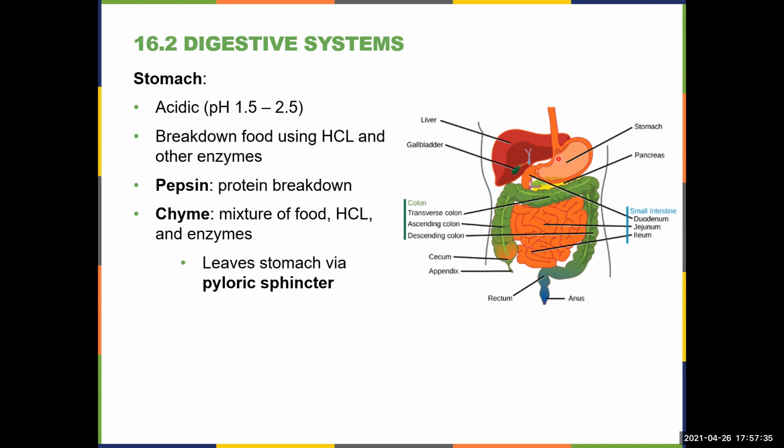Now, if something causes that mucus to become broken down, then you will get a stomach ulcer, what's called a peptic ulcer, and that's where basically the stomach lining has been deteriorated due to the acid.